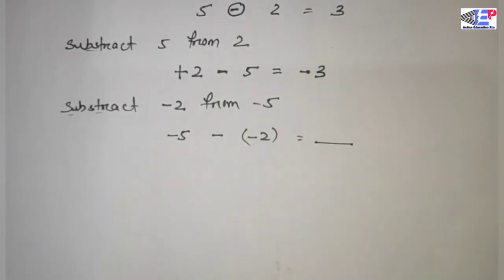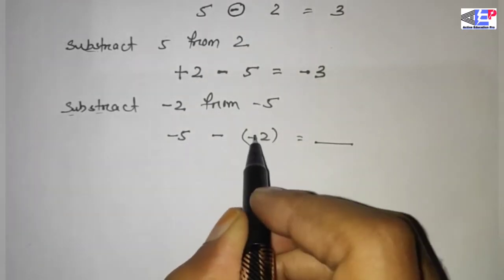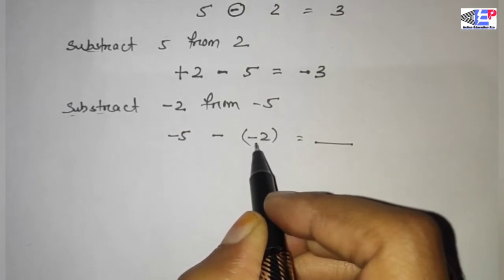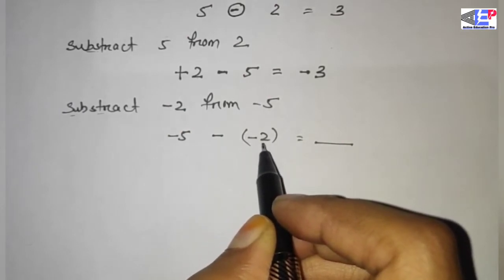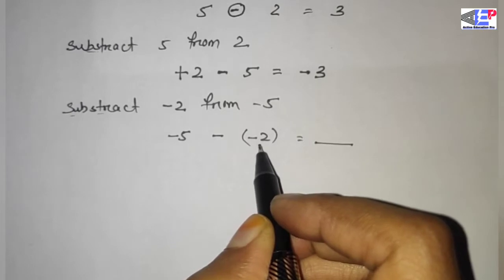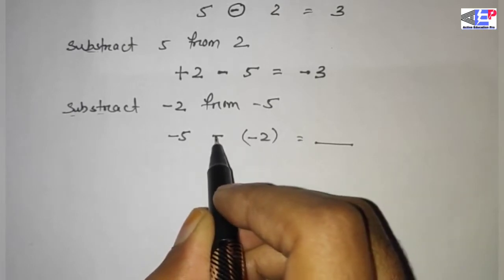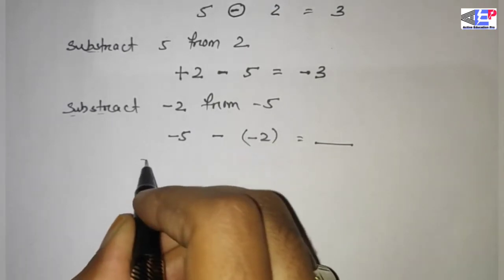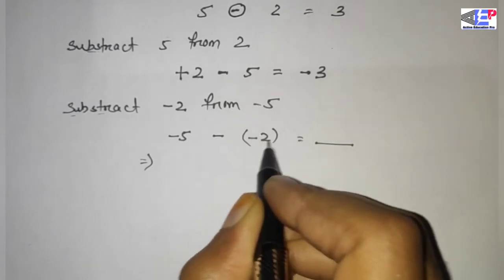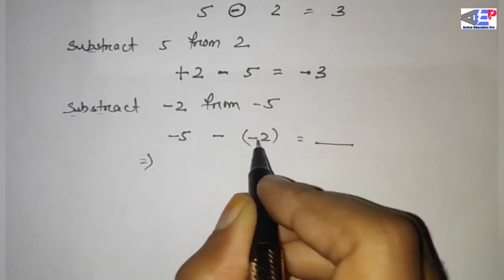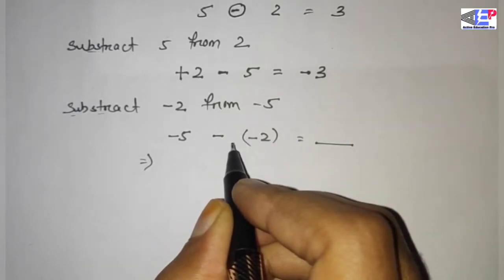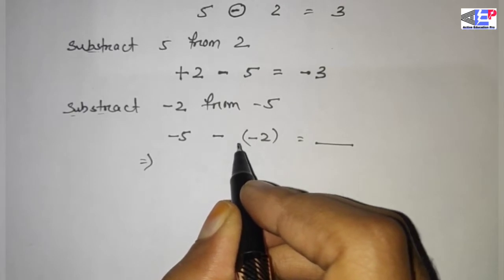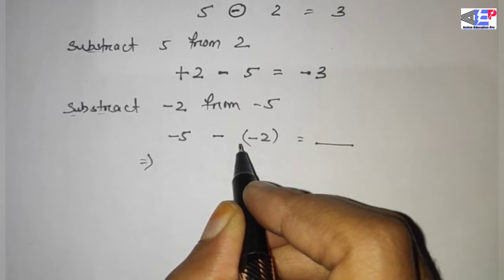Look here, in this case the number to be subtracted is minus 2, a negative integer. Minus 2 is a negative integer that is to be subtracted. So there is another minus sign before the bracket, outside the bracket. In this case, first you have to simplify and remove the bracket, because two minus signs cannot be present together in a mathematical expression.